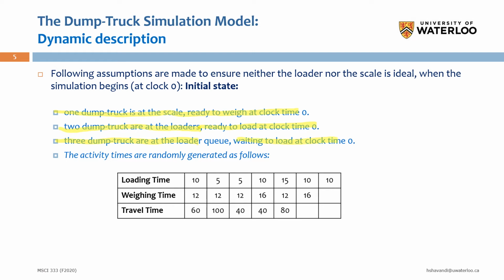So this is our initial status. And here we assume that we have generated the time durations for the 3 activities, like these numbers, from the distributions. So this is for the manual simulation.